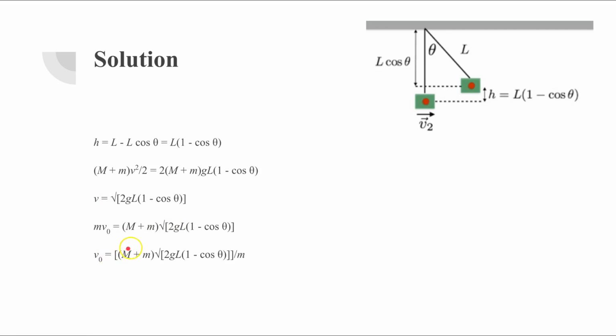And you get v naught as this complicated expression: the quantity m plus M times the square root of the quantity 2 times g times L times the quantity 1 minus cosine theta, all of that divided by m. So that'll be your v naught.